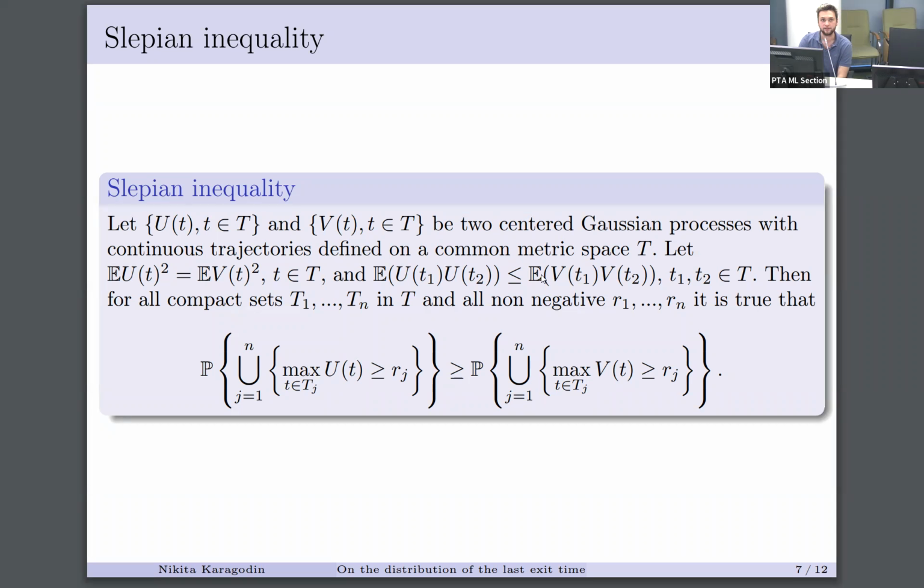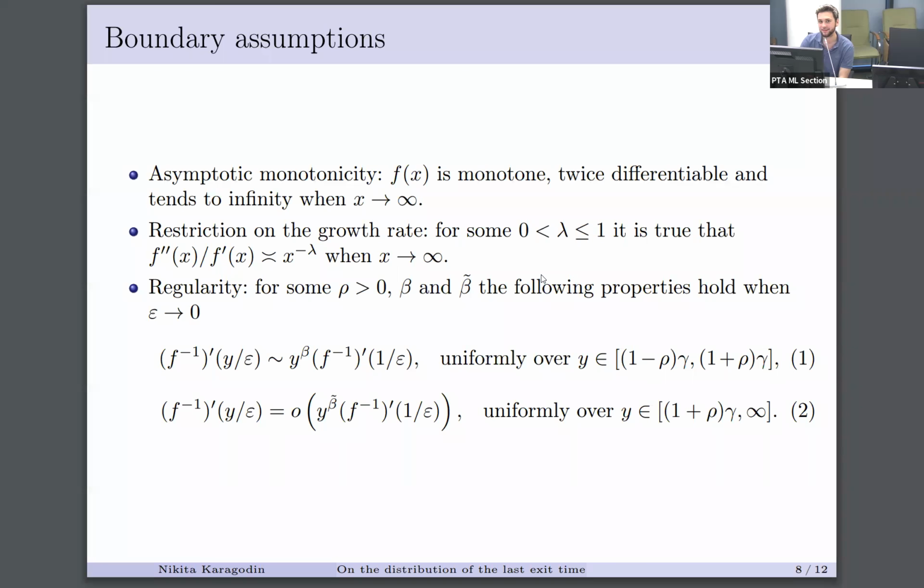Okay, so that's all that I wanted to share. I can show you the formula for A epsilon and B epsilon, but it's not so cute. The first thing is that I lied a bit, and I can treat not only these two types of boundaries. I have some technical assumptions on the boundary, which you can see here.